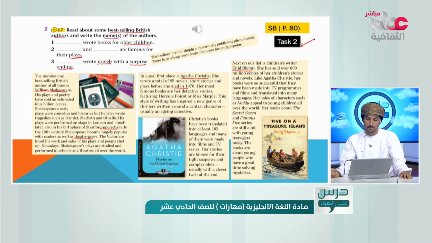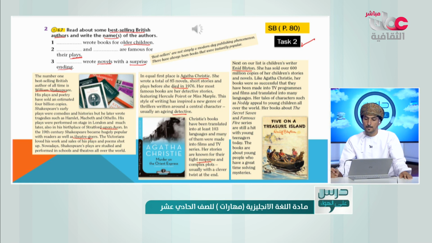This style of writing has inspired a new genre of thrillers written around a central character, usually an aging detective. Christie's books have been translated into at least 103 languages, and many of them were made into films and TV series. Her stories are known for their tight suspense and complex plots, usually with a clever twist at the end.